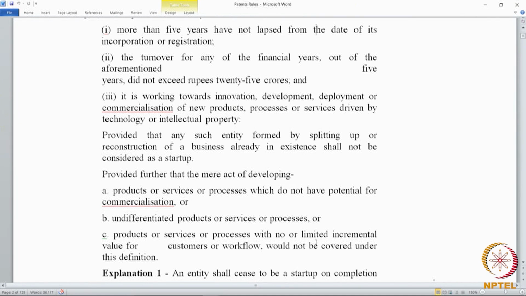If there is no value addition by the products, services and processes created by the startup for the customer, then again it will not be covered under this definition. Now, these are broadly worded phrases. You can assume that the decision on whether to grant the status of a startup will rest with the controller, because the form has to be submitted to the controller and the controller will have to take a call on that.